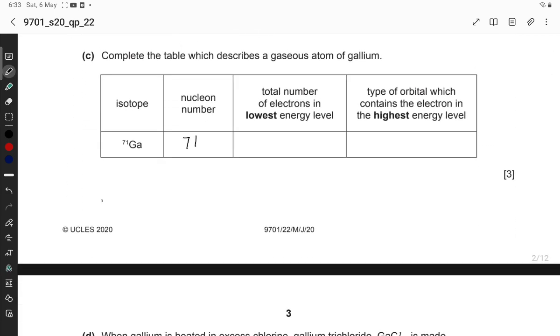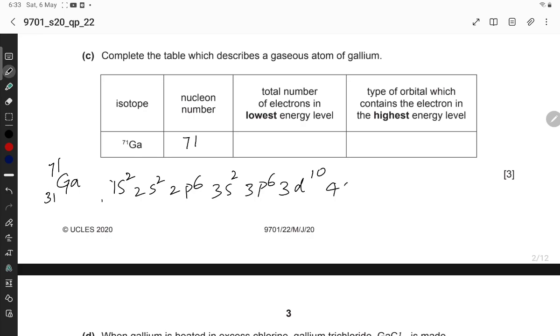The electronic configuration is 1s2, 2s2, 2p6, 3s2, 3p6, 3d10, 4s2 and 4p1.